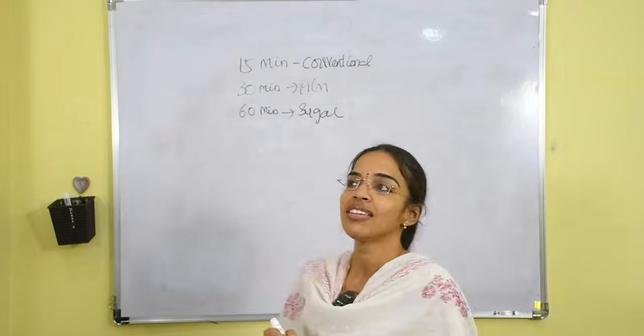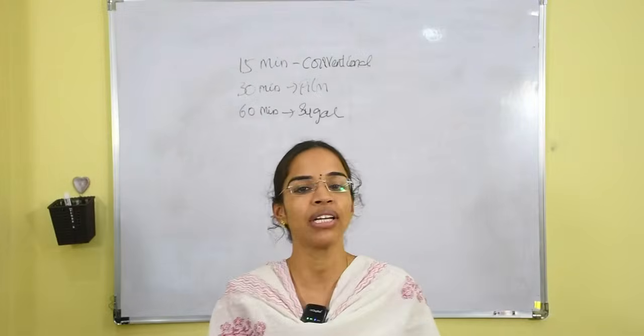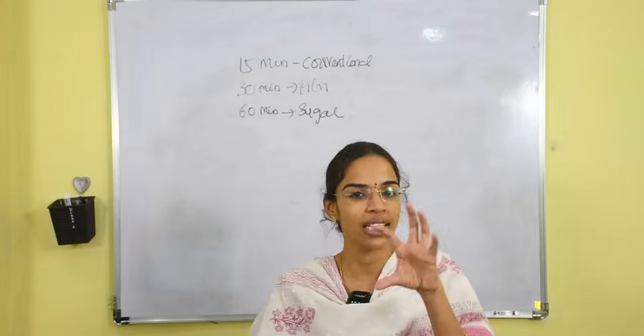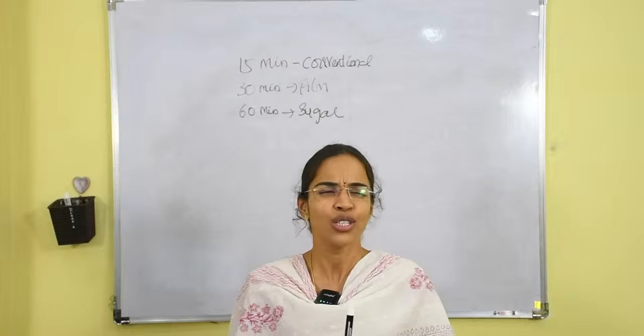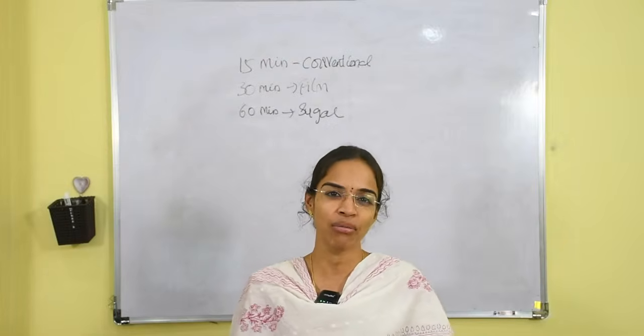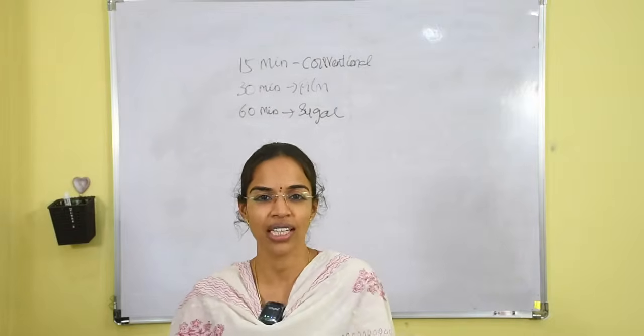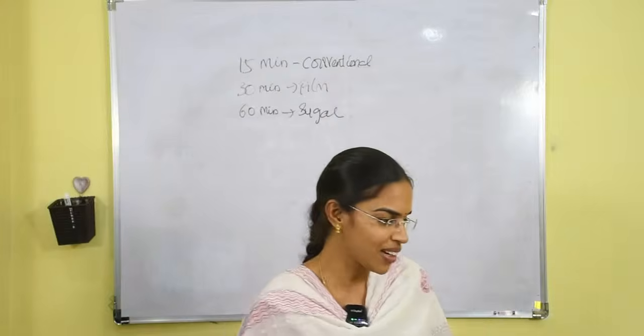And coming to the question, the enteric coated tablets. As the name indicates, they are coated with enteric coating polymers. So what are the examples of enteric polymers? What are the examples for enteric polymers? Yes, any answers?